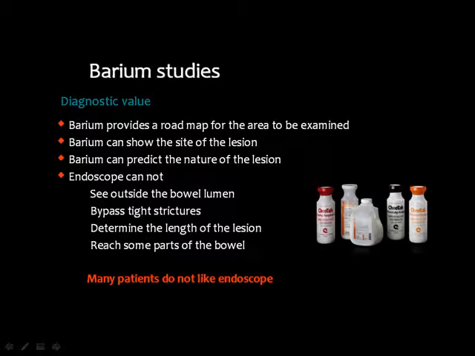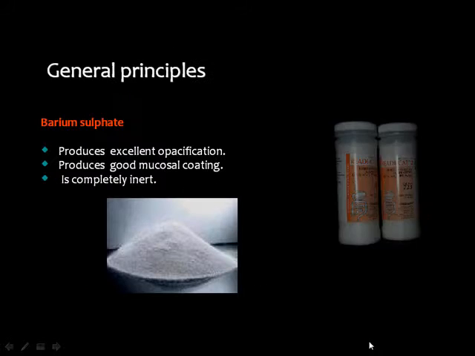Then we come to the assessment of the gastrointestinal tract using barium studies. And barium, as you all know, is a good contrast medium to provide a roadmap of the gastrointestinal tract, and it can show exactly the site of the lesion and can also predict the nature of this lesion.